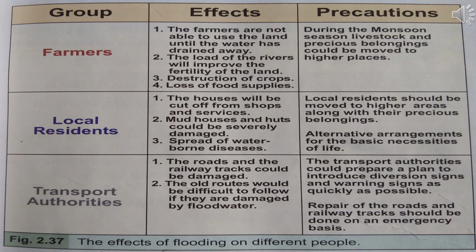They would not have enough drinking water because all the water sources would be polluted due to flood water, which would spread waterborne diseases. And if the houses are made of mud, what would happen to the houses? Obviously these houses would be severely damaged.